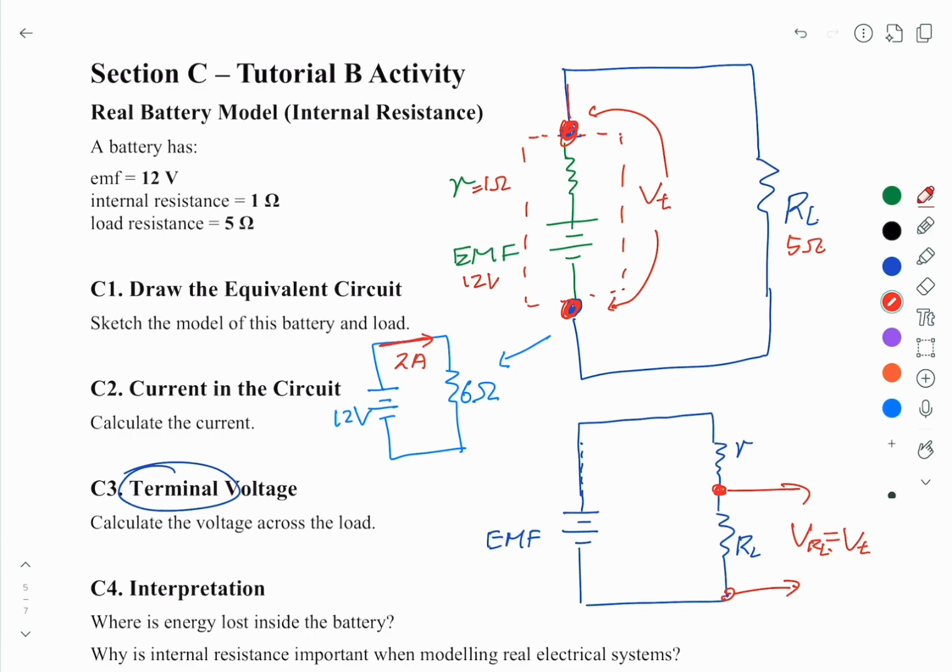So if we have 2 amp current passing through here, the voltage across the load is the terminal voltage, and it is equal to 2 amp times 5 ohm, so it's 10 volts.